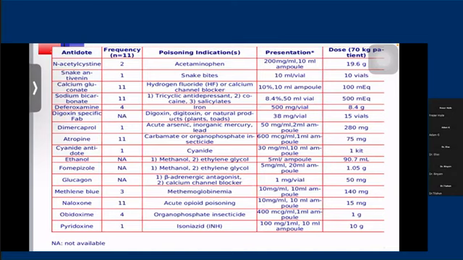So we always have to consider this in patients presenting in severe condition. And maybe the other is snake bites. Snake antivenom is also an antidote, and acetylcysteine is for acetaminophen. At least we have to know a few of the antidotes.